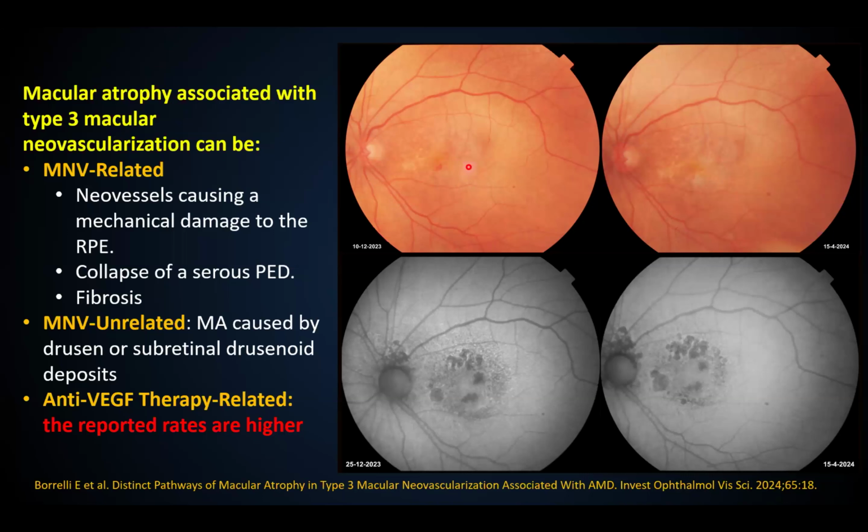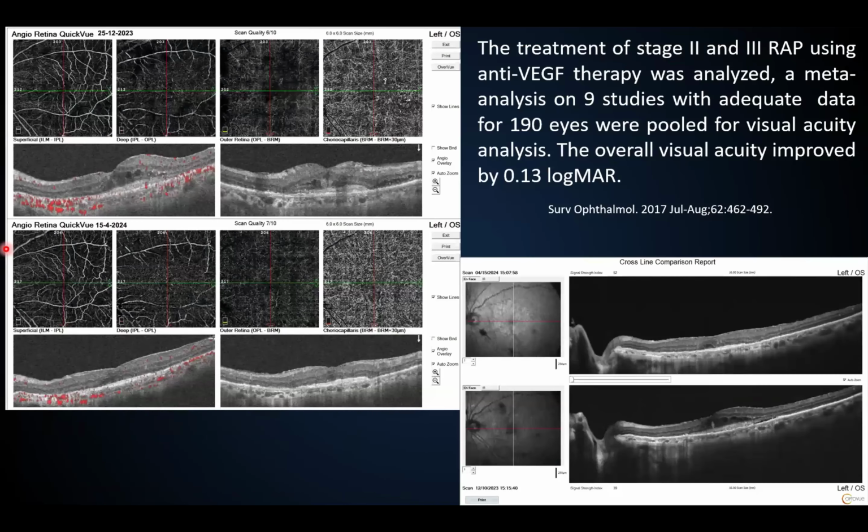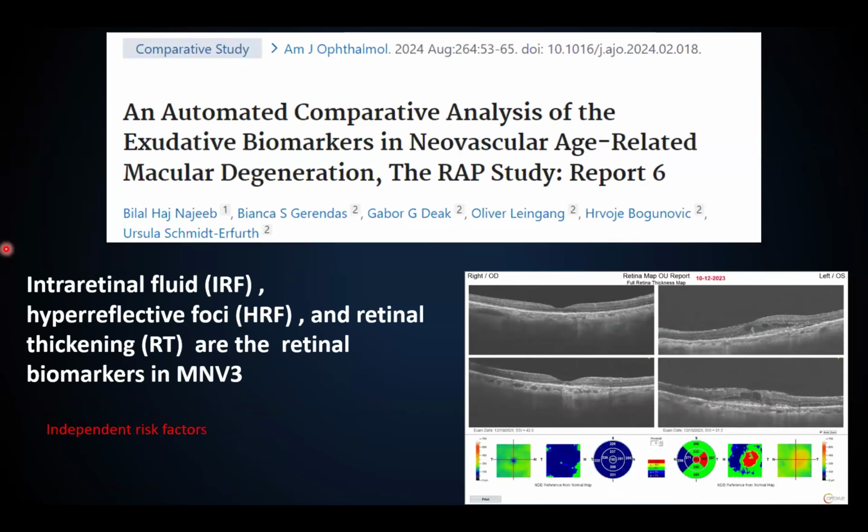Of course, you cannot point to a certain reason, but there are many reasons; it can be one, it can be a lot of them. And that's always my policy with treating type 3 MNVs: it's the only situation where you look at the retinal thickness in managing age-related macular degeneration, to check for thinning of the retina to dose your treatment.